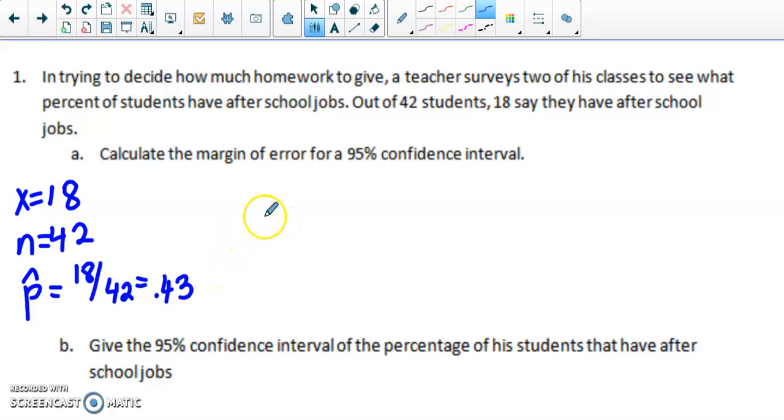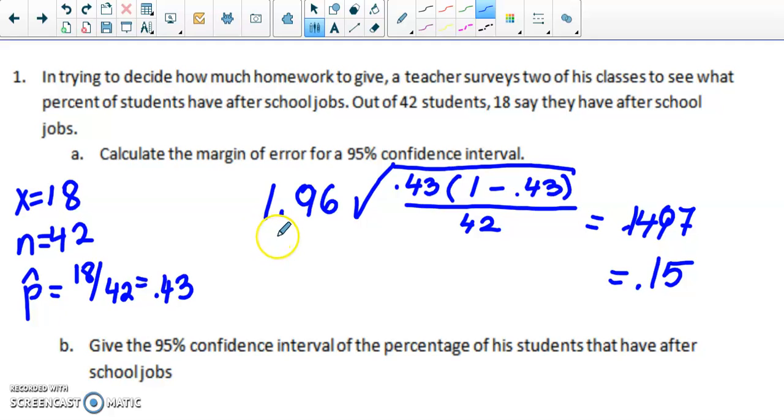Now we're ready to find the margin of error first. We want to be 95% confident, so we use the z-score associated with that, which is 1.96. So the z-score of 1.96 times the square root of p hat times 1 minus p hat, divided by the number of people surveyed, 42. That gives us 0.1497, let's say 0.15.